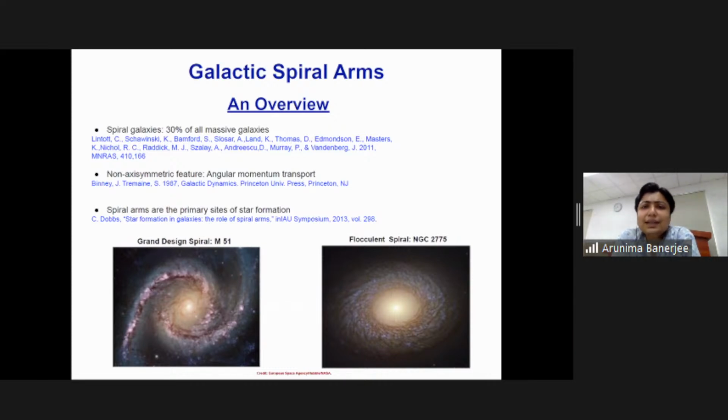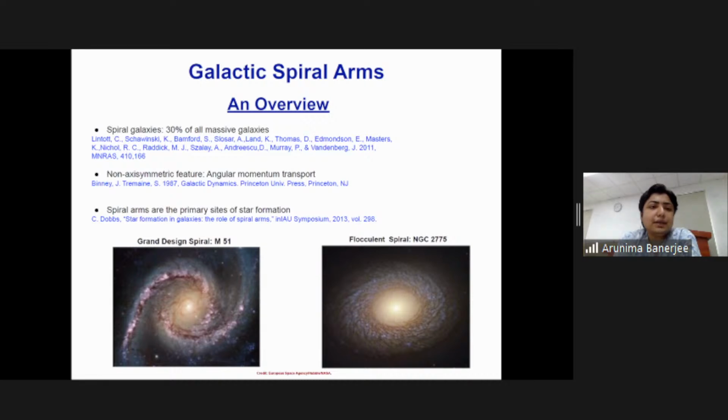So spiral galaxies are ubiquitous. When we are doing a study of any astronomical entity, it has to be substantial in number, or ubiquitous, to be important for a study. Then why are they important as far as galactic dynamics or galaxy formation and evolution is concerned?